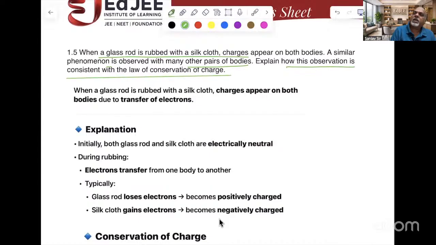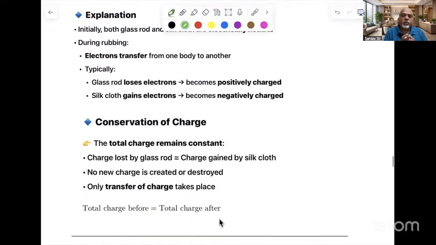Of course, because charge is not going anywhere. If you consider the glass rod and silk as an isolated system, then earlier the glass rod was neutral and silk was neutral. There is a transfer of electrons, giving a positive charge and a negative charge.